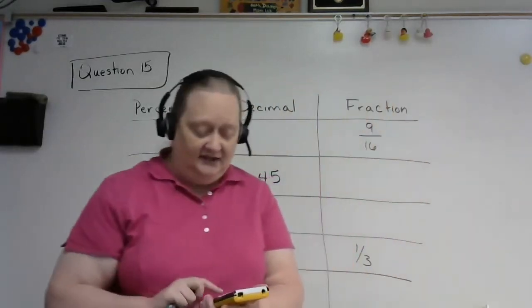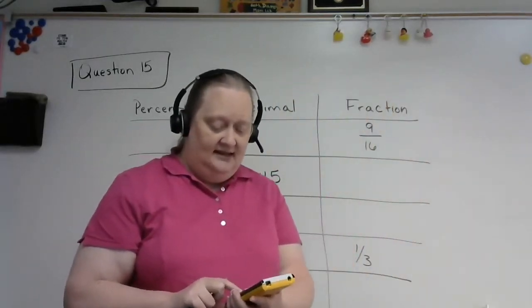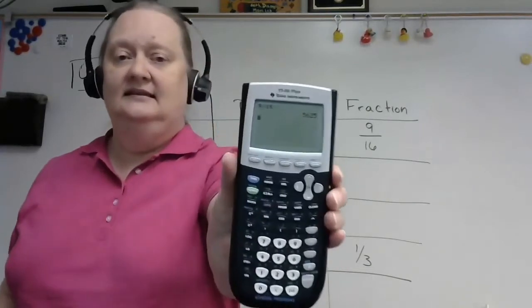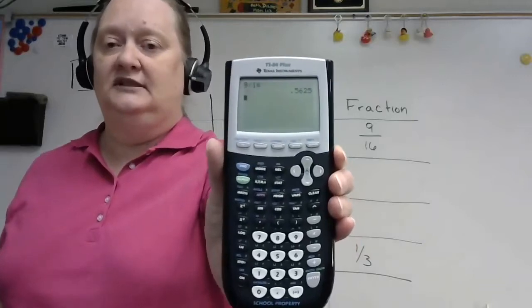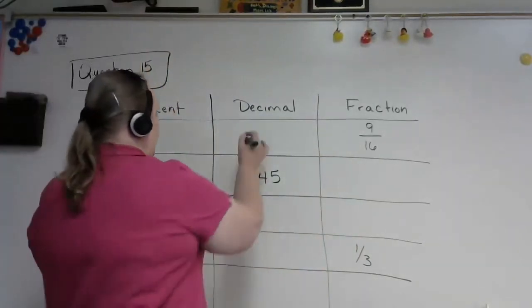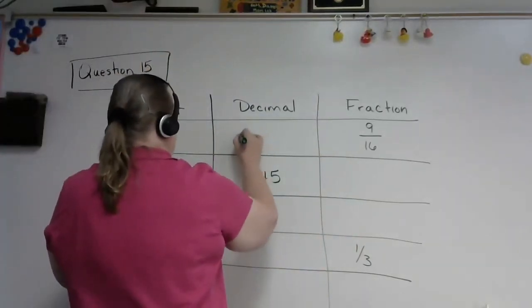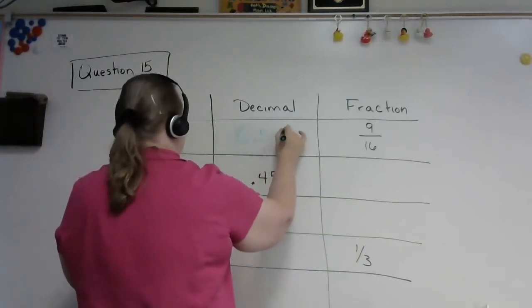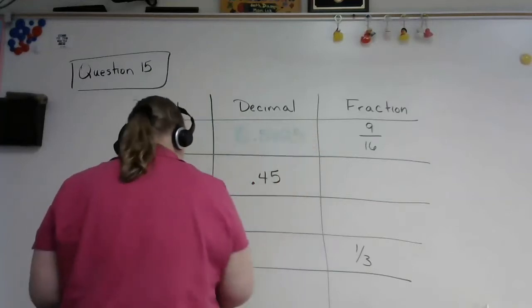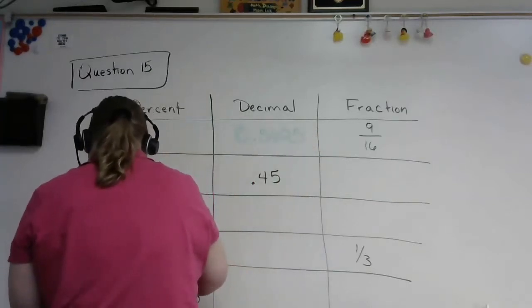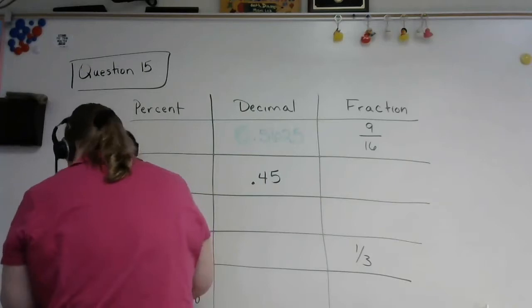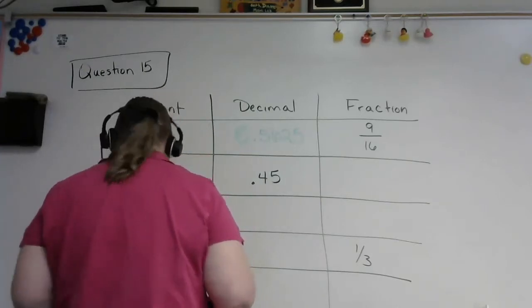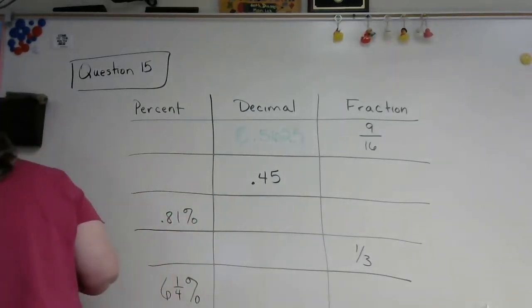You will take your calculator, type in 9 divided by 16. You get your decimal, which would be 0.5625. So let me switch to another green marker.